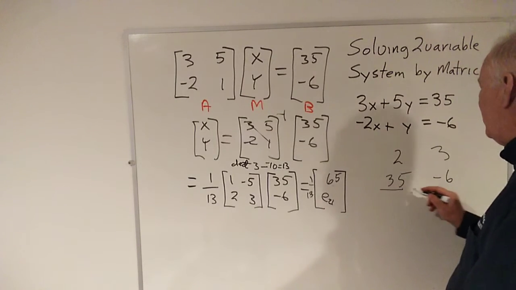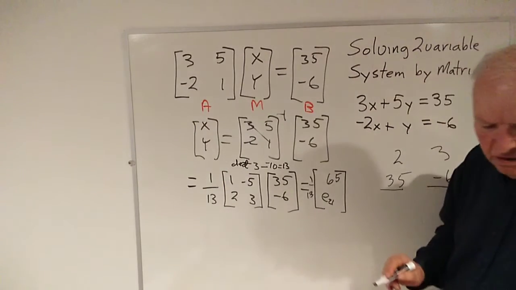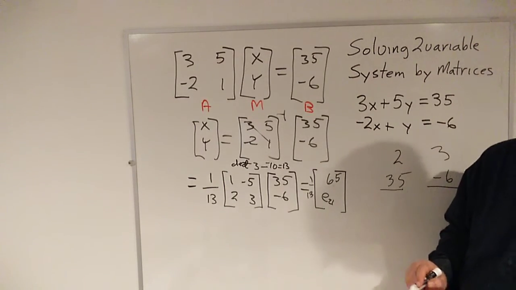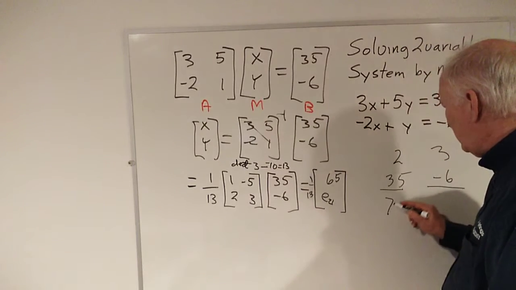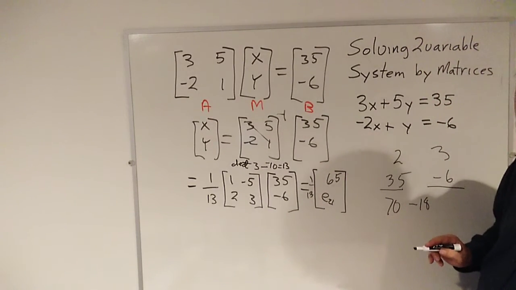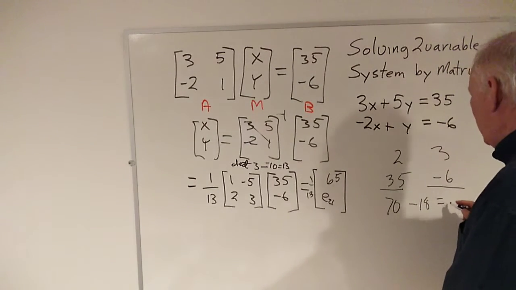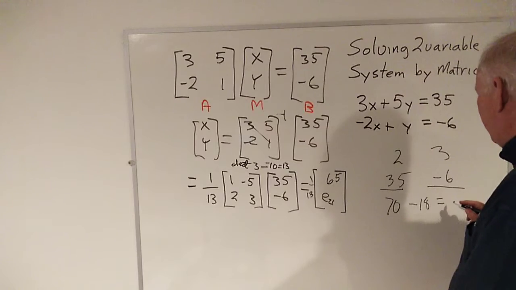This is 70 minus 18, which is, I believe, 52.